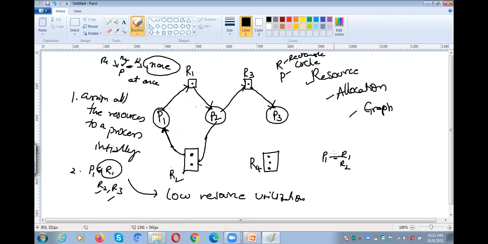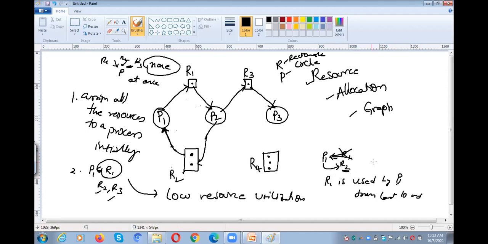Initially R1 was allocated to P1, and R1 has been used by P1 for the last 10 milliseconds. Suddenly P1 requires R2. So at that time, it needs to release R1 and request R2.